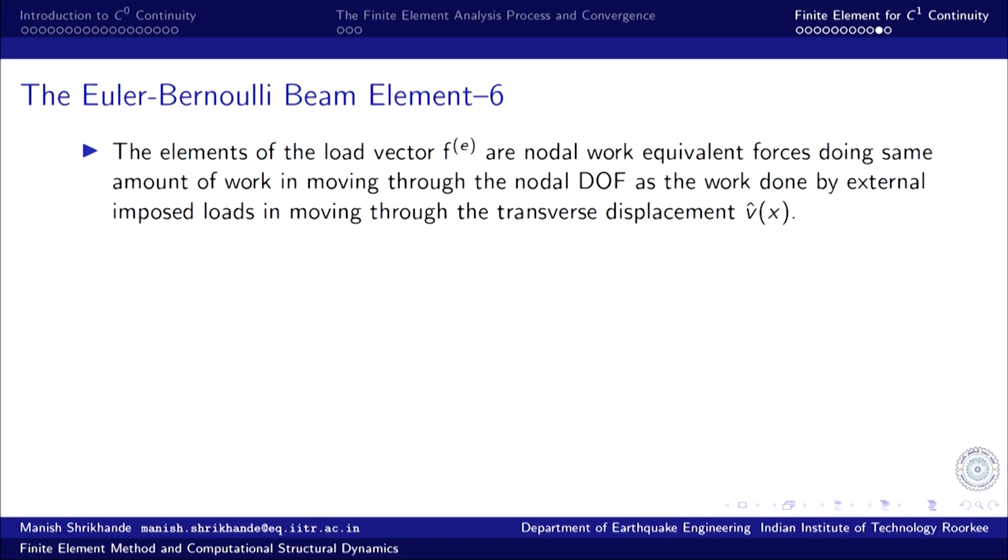So, as I said, the elements of the load vector F^E are the nodal work equivalent forces doing the same amount of work in moving through the nodal degrees of freedom as the work done by external imposed loads in moving through the transverse displacement v hat. Now, v hat is a continuous function of x, and the external distributed load is continuous, distributed over the domain.